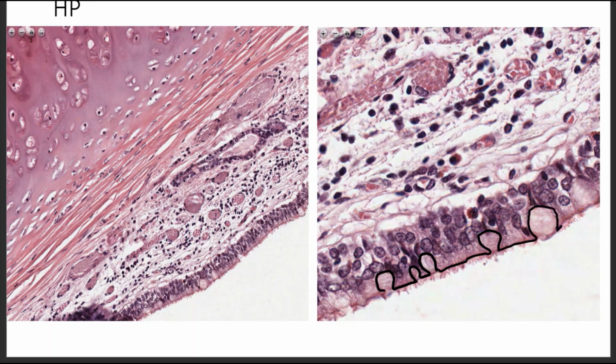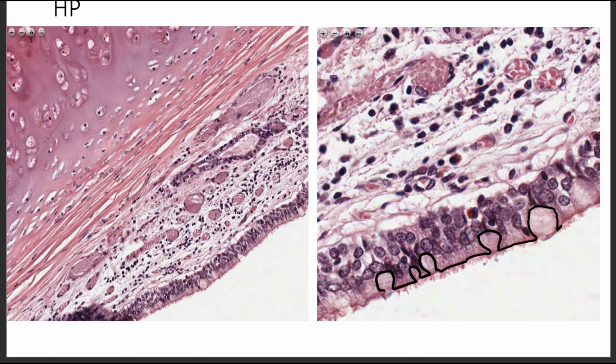So the epithelium in the trachea is pseudostratified columnar epithelium, which has cilia and is rich in goblet cells.